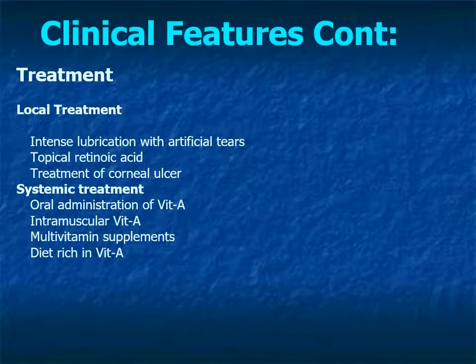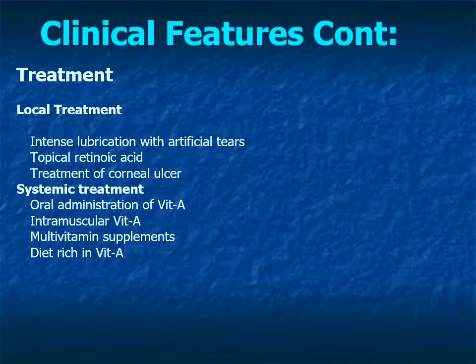So what is the treatment of vitamin A deficiency or xerophthalmia? Of course, local treatment is with intense lubrication with artificial tears and topical retinoic acid, and of course we treat the corneal ulcers and use different measures to promote epithelial healing.